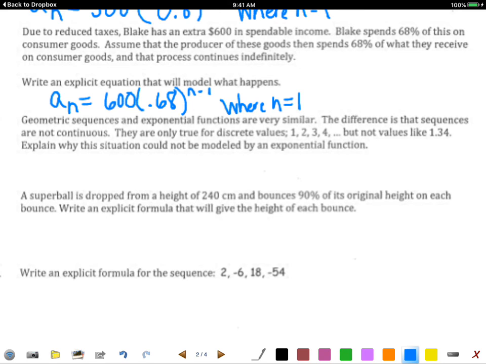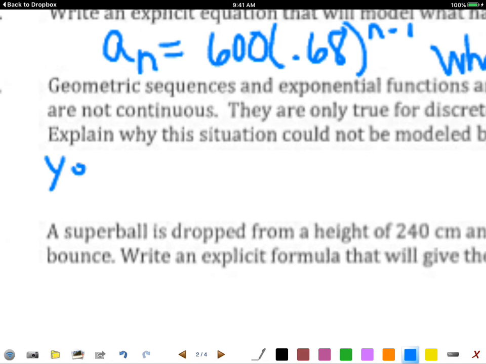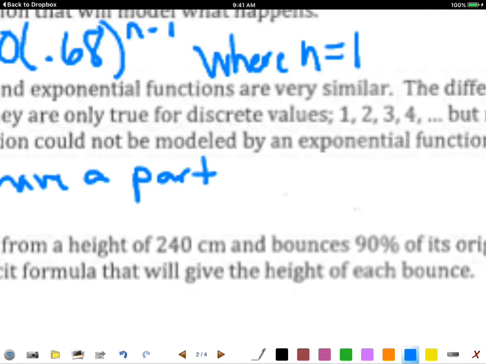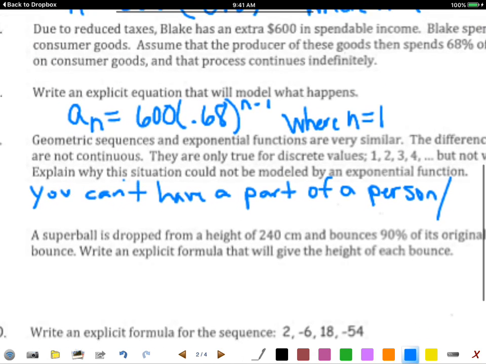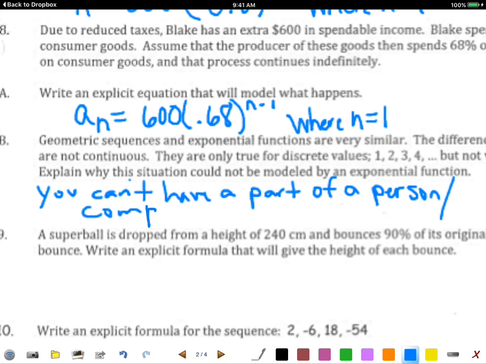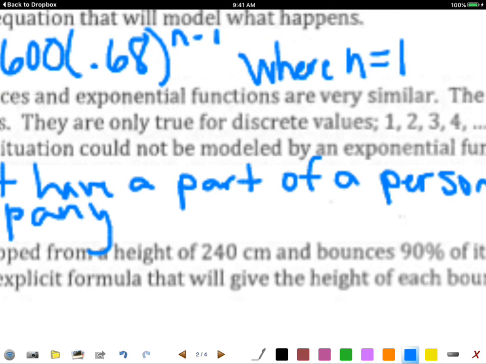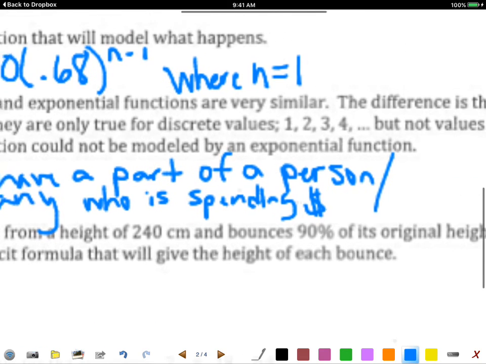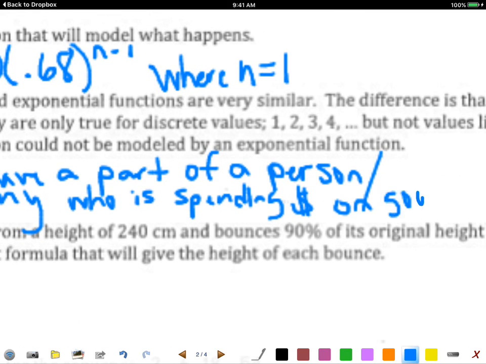So what you're going to write is you can't have a part, and don't try to get funny on this and say, but what if a part of a person, you can't have a part of a person slash company who is spending money on goods.